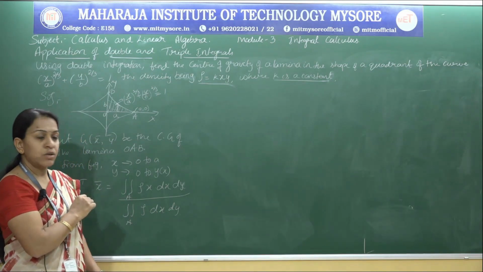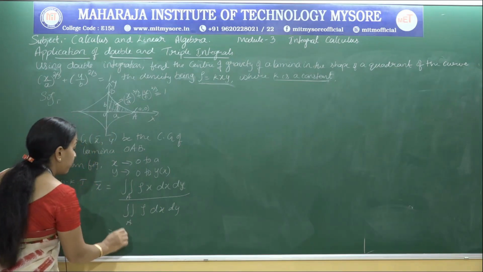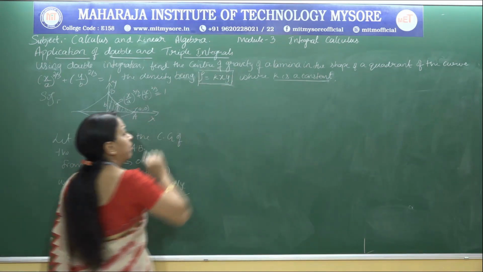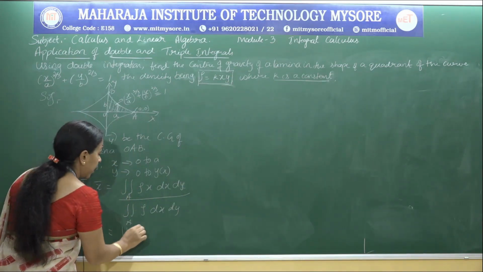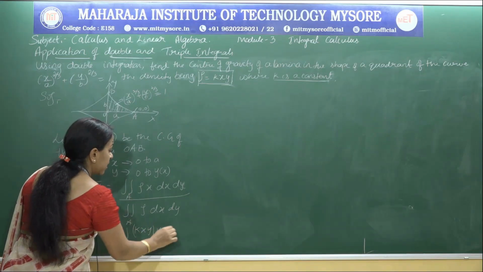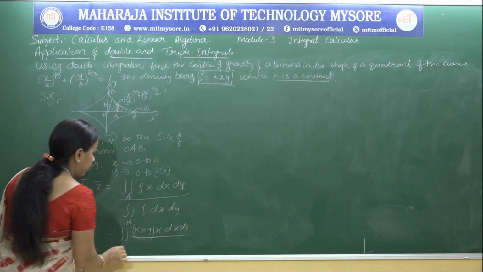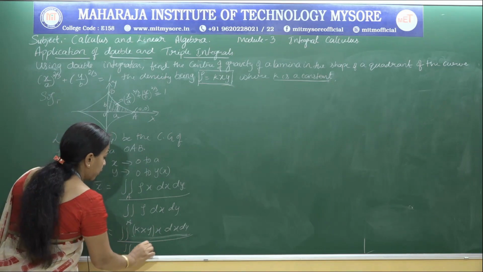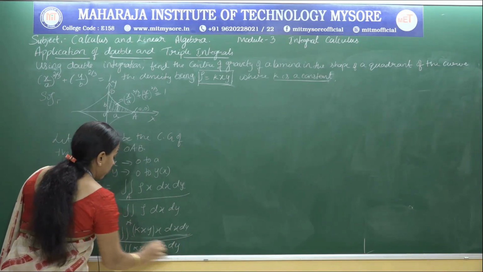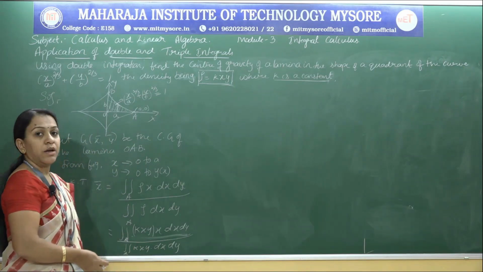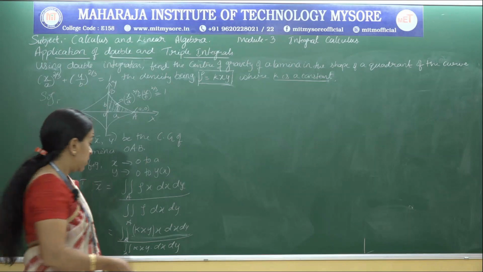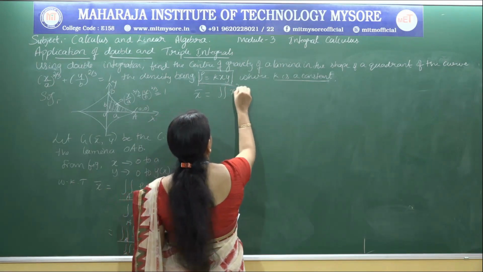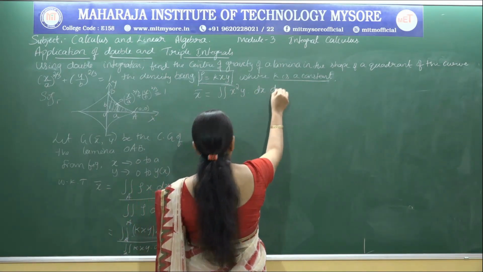Now substitute your rho, which is given by k into xy. So I replace that by kxy into x dx dy divided by double integral of kxy dx dy over the given area. So I can cancel x, so that our x bar remains with double integral of x square y dx dy.